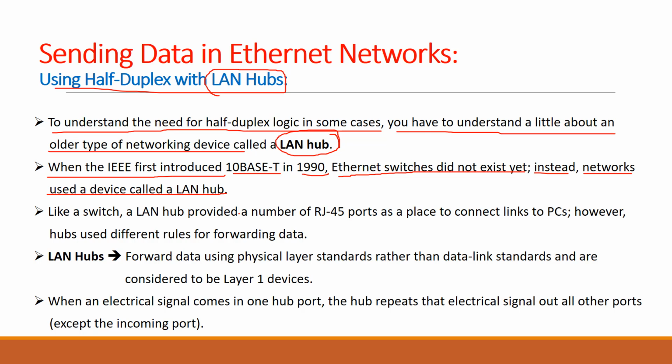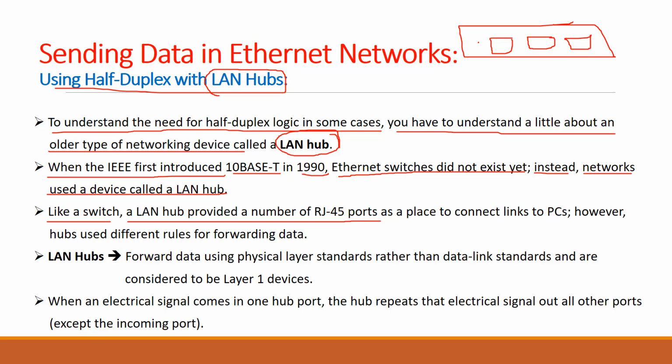So before switches, we had these types of LAN hubs. A LAN hub is actually a layer 1 device. It works only on the physical layer. Like a switch, a LAN hub provided a number of RJ45 ports. You can find a LAN hub like this, with RJ45 ports, and we have here 4 ports. This is a hub, as a place to connect links to PCs.